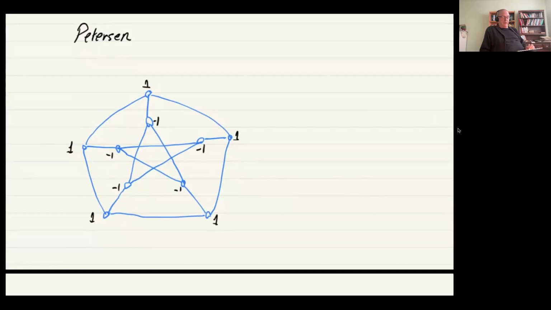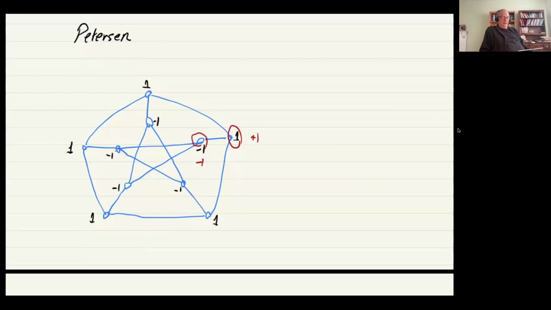Now, is it an eigenvector? Well, now we've got to go in and do our check. So let's pick a vertex, pick this guy. The sum of the weights of his neighbors is 1. Now, if you pick this guy, the sum of the weights of his neighbors, it's got 2 minus 1s and a 1, so the sum of the weights of his neighbors is minus 1.